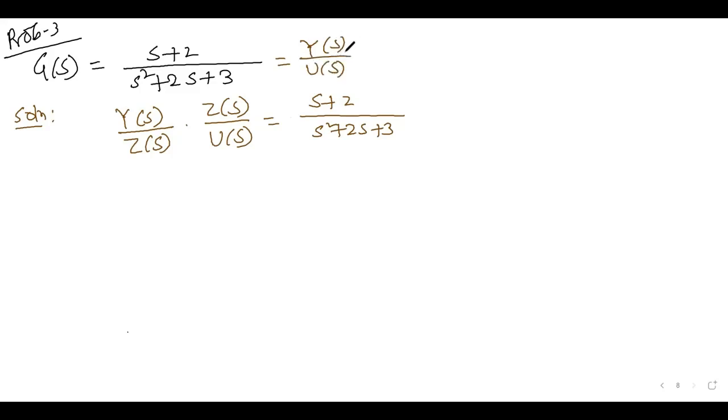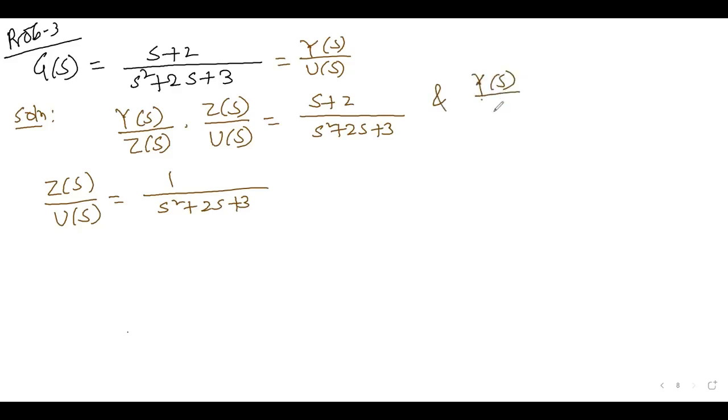Output we know is represented by y and input by u. So here we introduce the third variable Z(s). Now what is Z(s) by U(s)? Z(s) by U(s) is the denominator, which is 1 by s square plus 2s plus 3. And what about Y(s) by Z(s)?